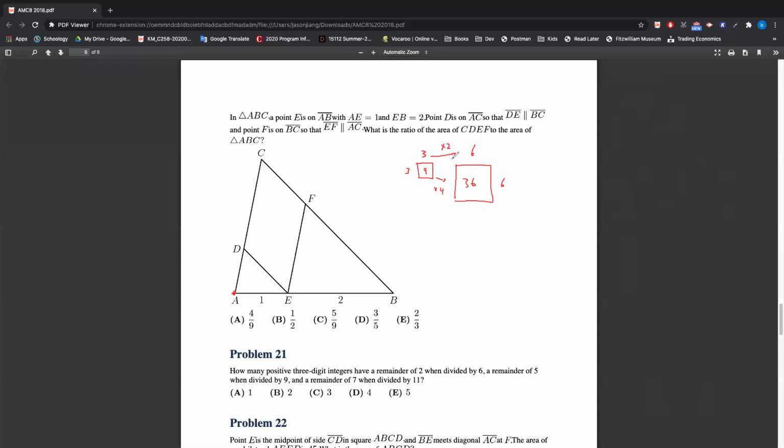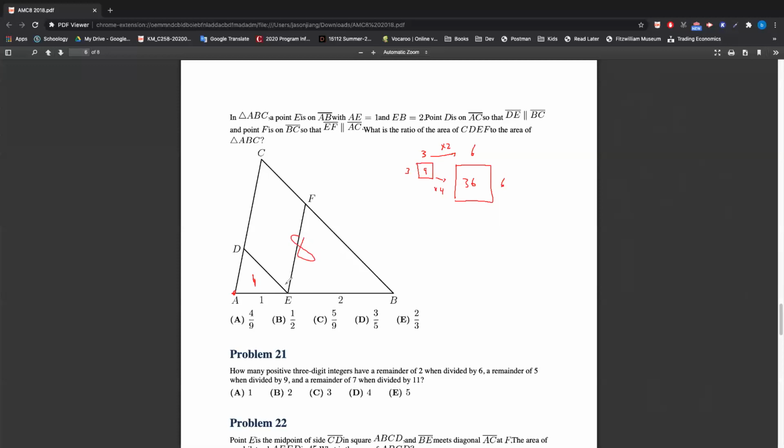Because each side is scaling by the scale factor, the area is going to multiply by the scale factor twice. Once for the 6, once for the other 6. So that tells you why if this is 1, then the area of the entire triangle is 9. So we'll call the rest of it 8 for now.